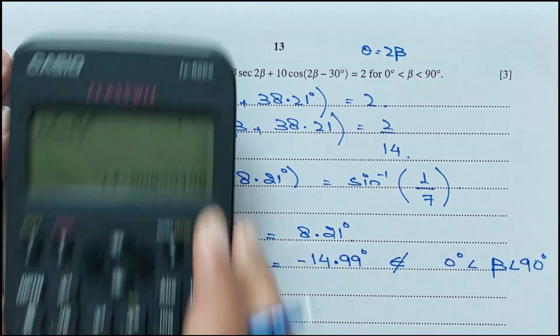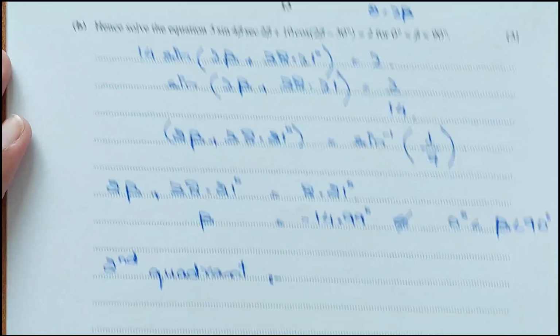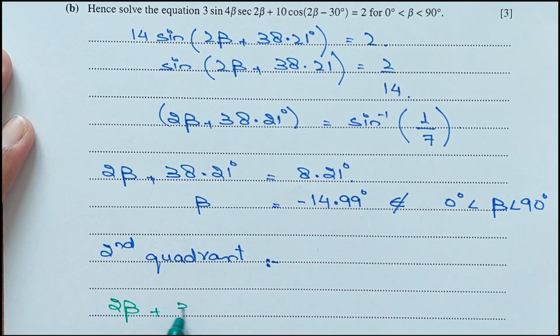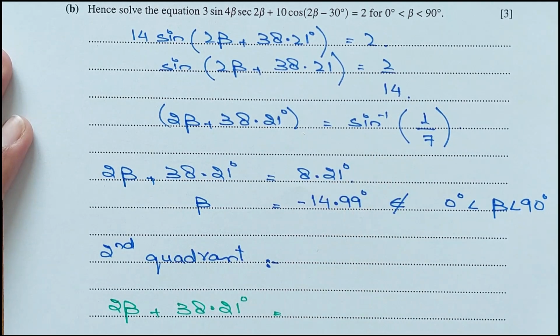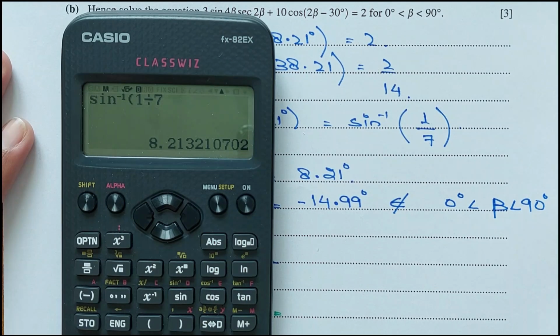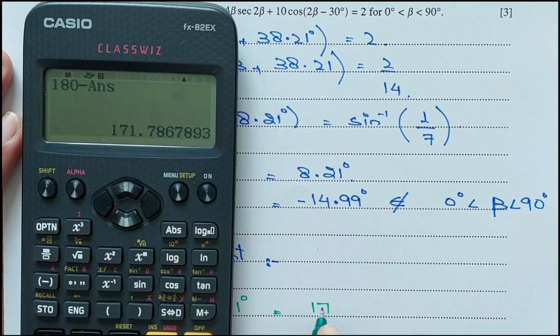Now sine is also positive in the second quadrant, so we have to do it for the second quadrant as well. Right, now for the second quadrant we have 2 beta plus 38.21 degrees equal to sine inverse of 1 over 7, and for the second quadrant we do 180 minus the answer, which is 171.78 degrees.